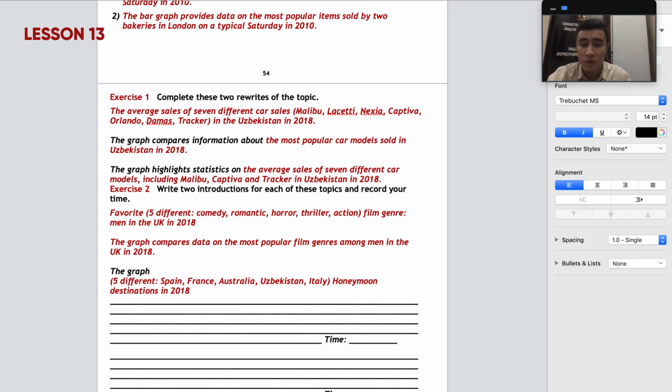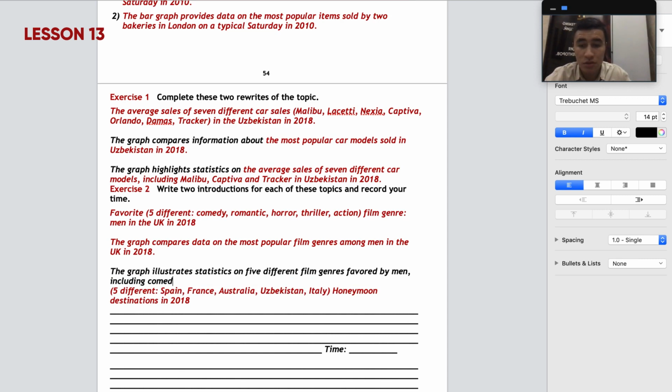The graph illustrates statistics on the film genres favored by men, on 5 different film genres favored by men, including comedies, horror, and action in the UK in 2018.